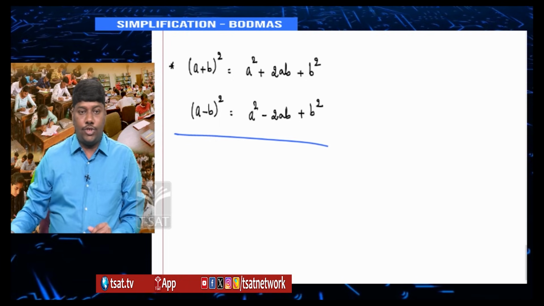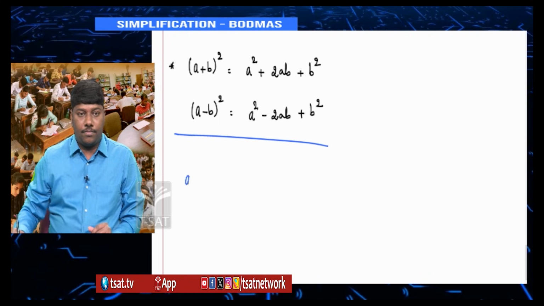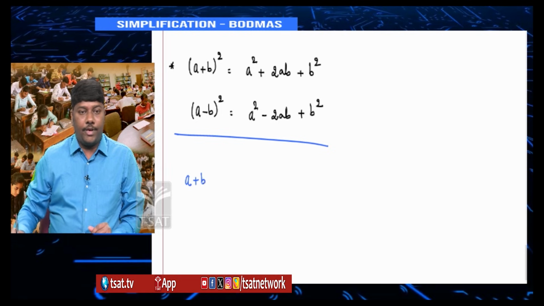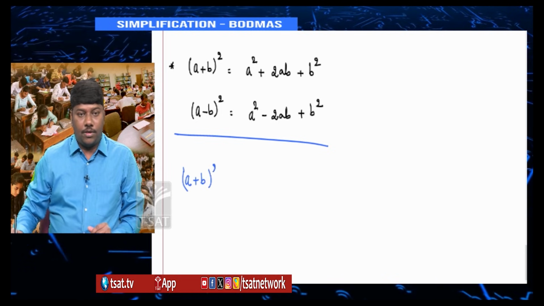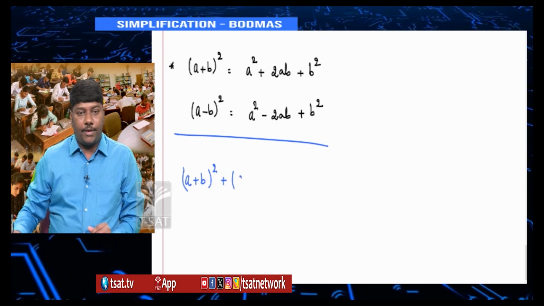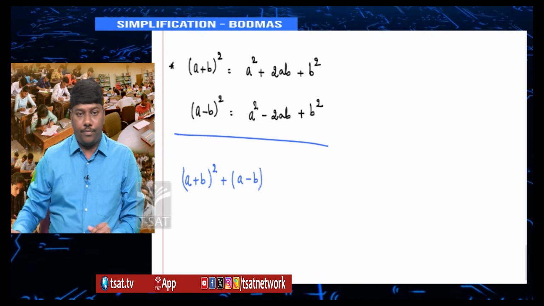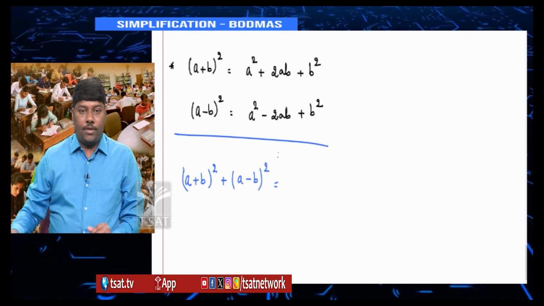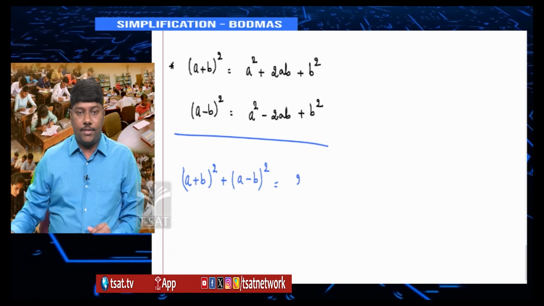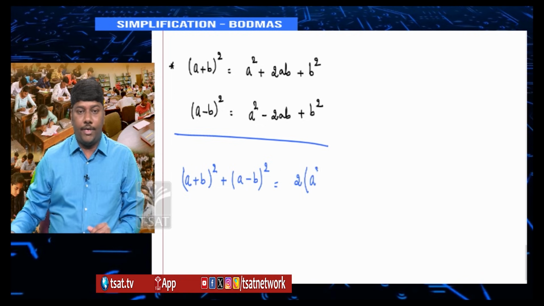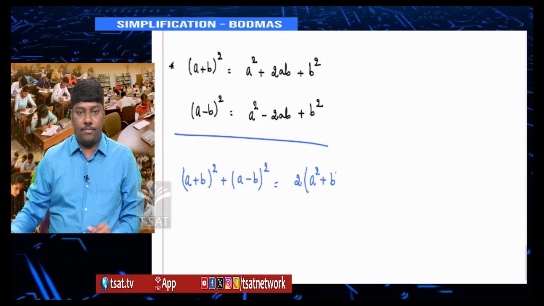If you add these two, a plus b whole square plus a minus b whole square, minus 2ab plus 2ab cancels, it is 2 into a square plus b square.